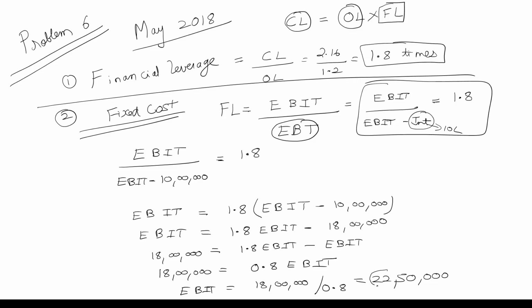I have my EBIT now and I have my operating leverage. So with this, I will be able to calculate contribution, and the difference between contribution and EBIT has to be fixed cost, which is what I require here. So let's do that. Let me go to the next sheet here. I have operating leverage, and this operating leverage is given as 1.2 times. I know the formula for operating leverage is contribution divided by EBIT.